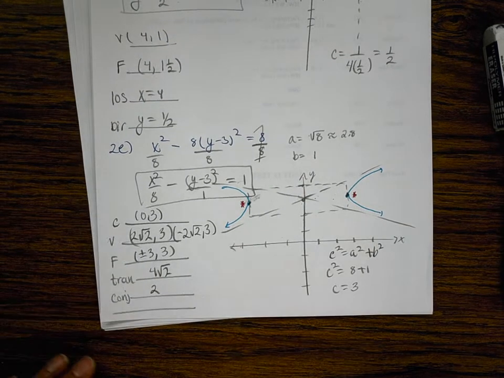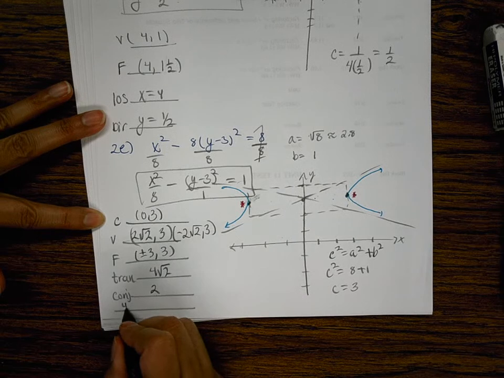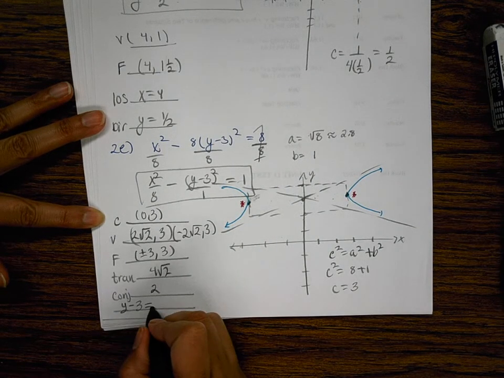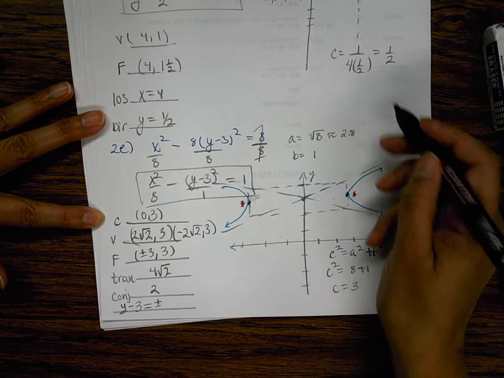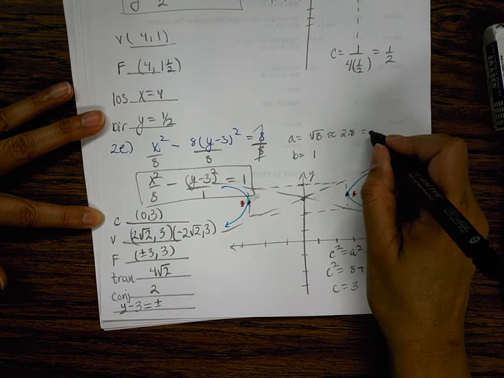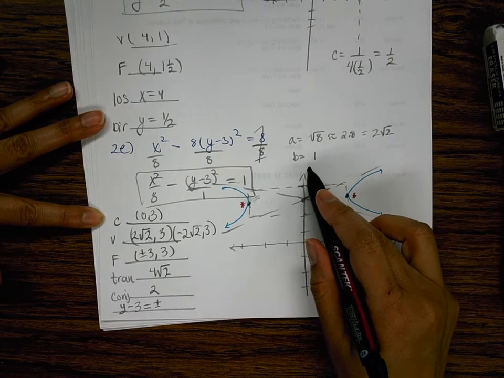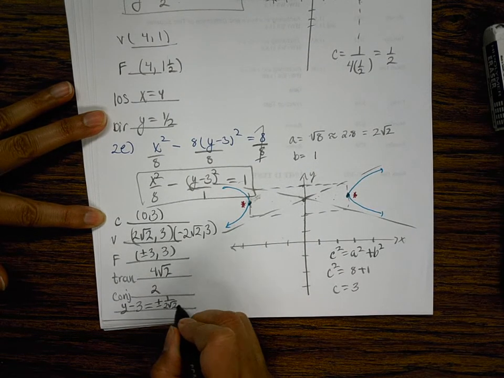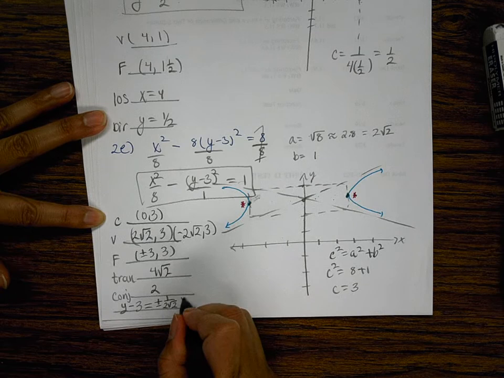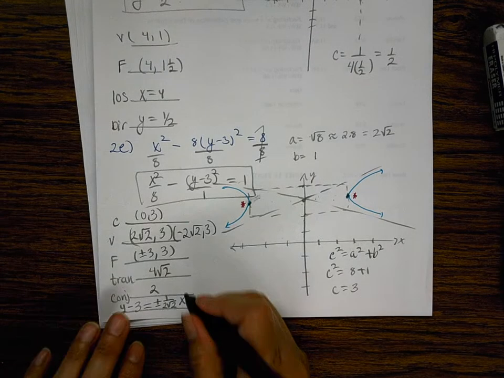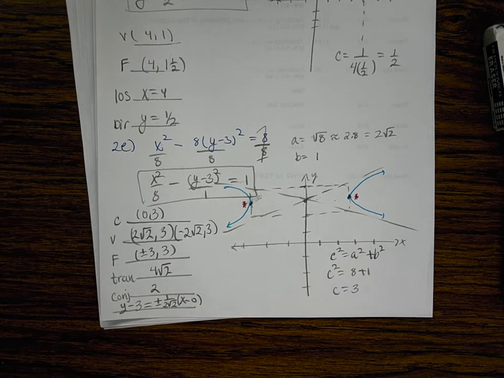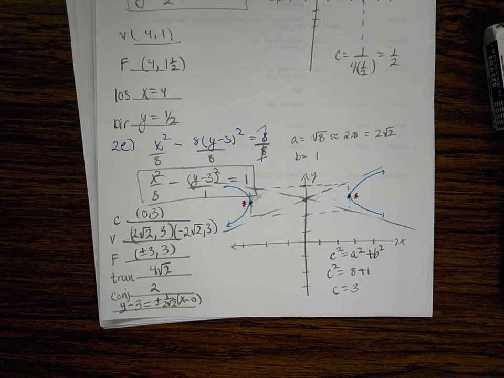And the equation, y minus, I use my center for my point, so y minus 3 equals plus or minus b over a was 2 root 2, so 1 over 2 root 2, x minus 0, so just the x. You could put minus 0, actually I will just because you do not have to though. So it would be this, y minus 3 equals plus or minus 1 over 2 root 2, parentheses x minus 0.